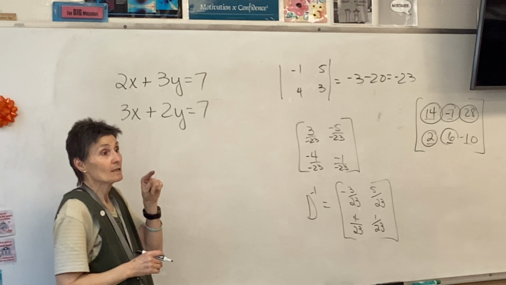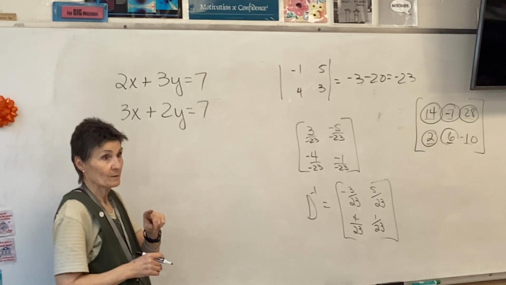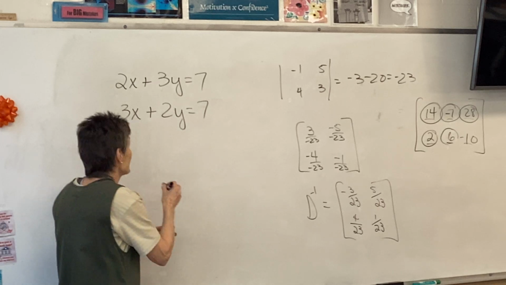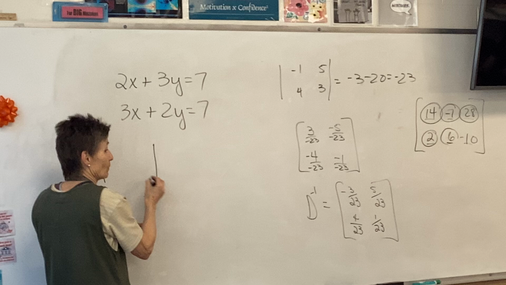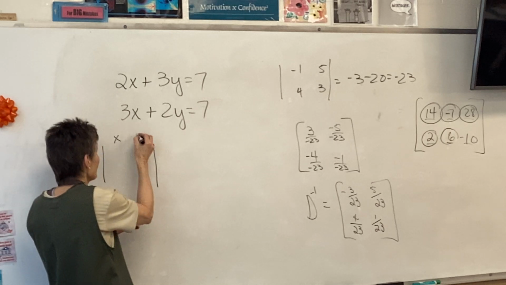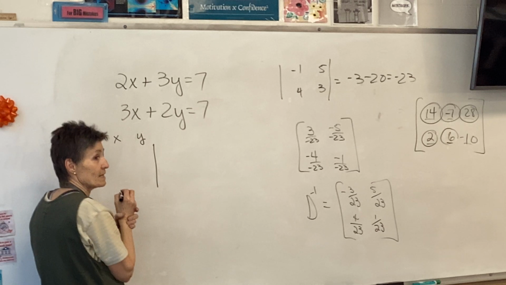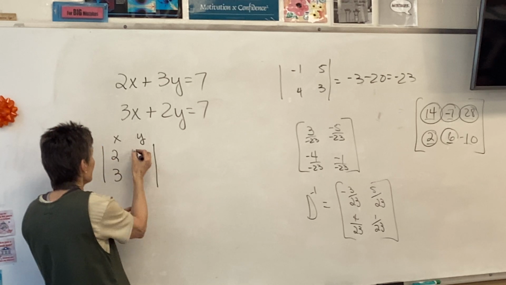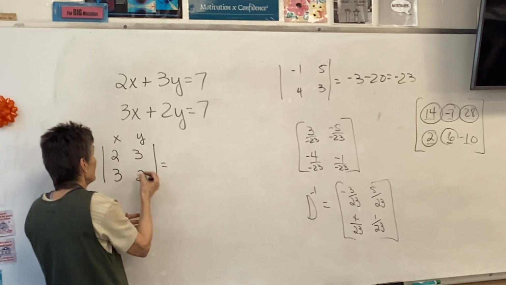We're using Cramer's rule. So remember, that is all determinants. So what's the first thing we do? Find the determinant for the x's and y's. So 2, 3, 3, 2, and we can do that.